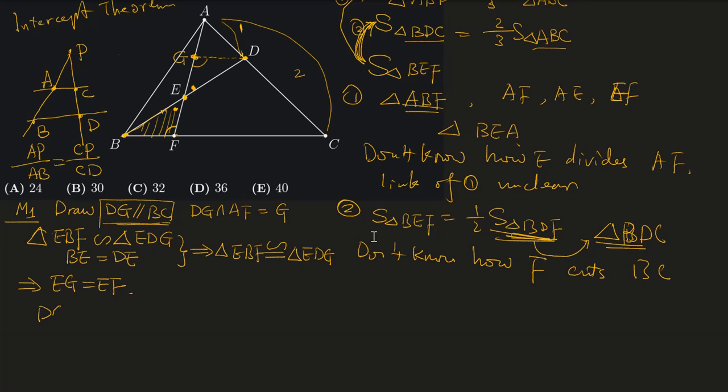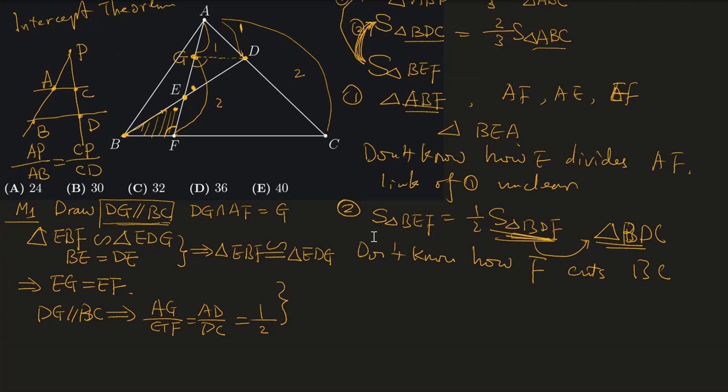So we have DG parallel to BC, and by the Intercept Theorem we have AG to GF equals AD to DC, and that is 1 to 2. So this is 1 and this is 2.